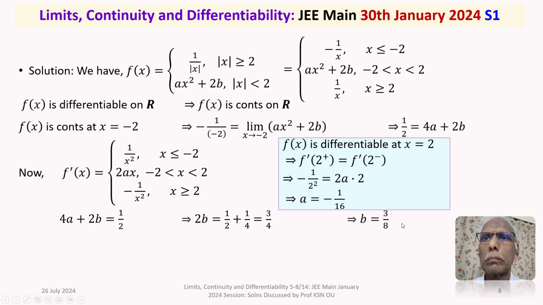Now we are required to find the value of 48 times a plus b, that is 48 into the value of a, minus 1 by 16, plus the value of b, 3 by 8. Simplify, you will get 48 into 5 by 16, that is after cancellation you will get 5 3s are 15. Therefore, the answer to this question is 15.